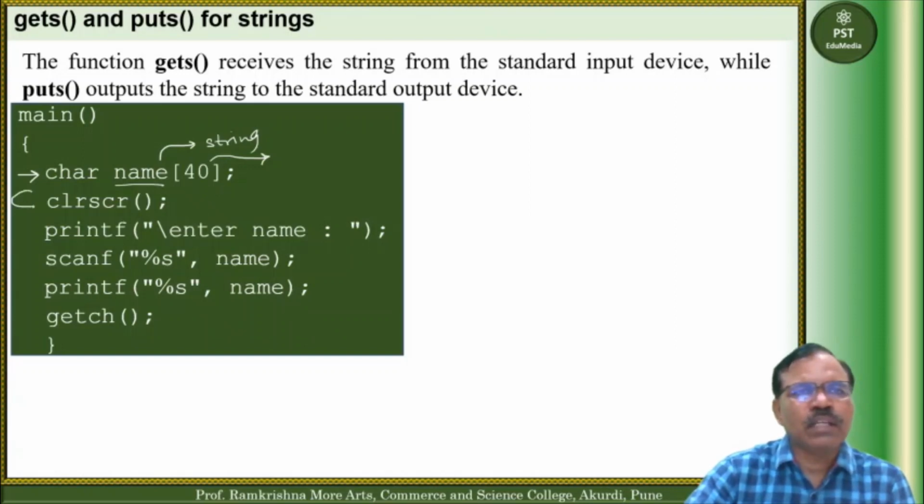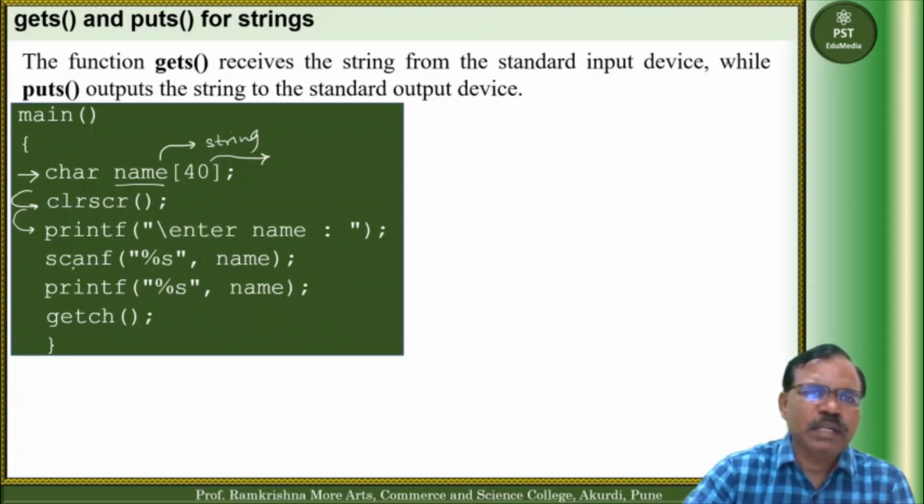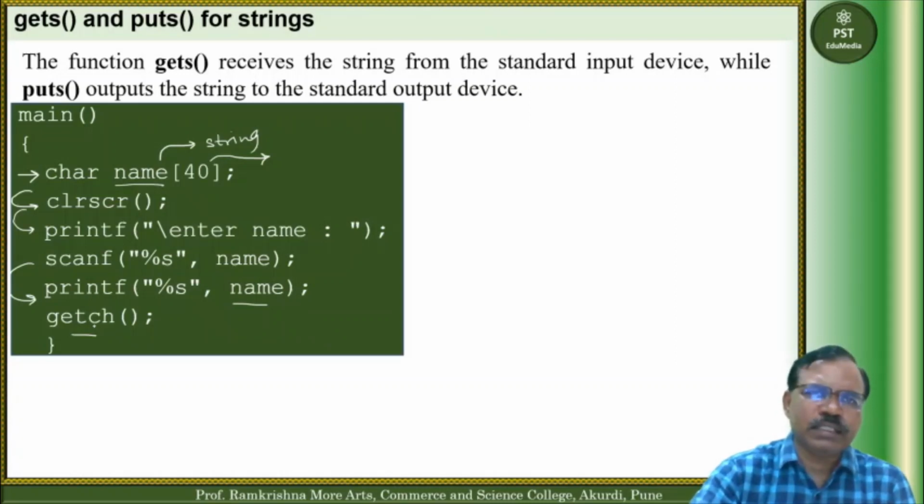Now we have clear screen and the printf function. So this one will appear on the screen as it is. Now scanf %s name. So what happens here? We will enter some string, and using the printf function, that string will be printed on the screen, and then getch. This is using the scanf and printf functions. We are taking a string and printing a string.